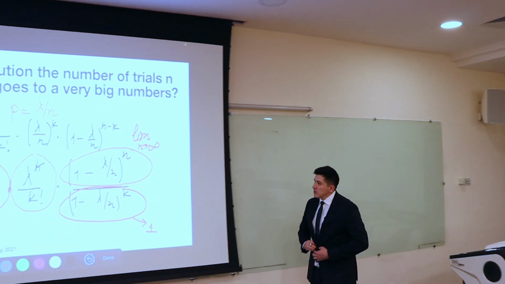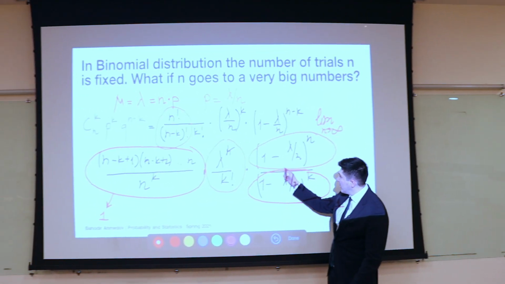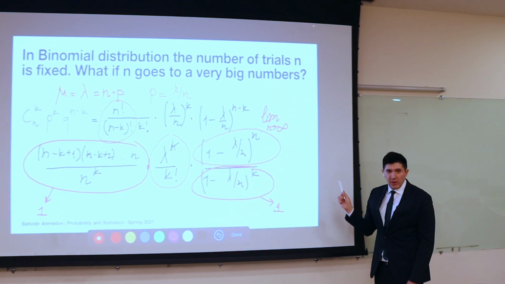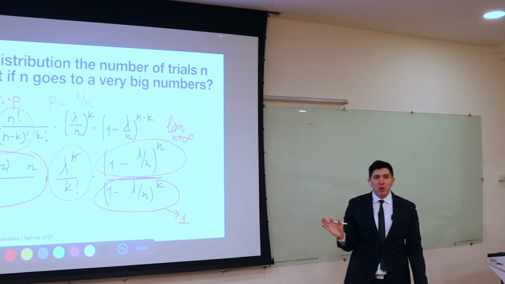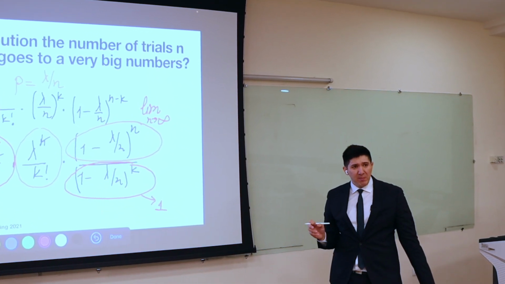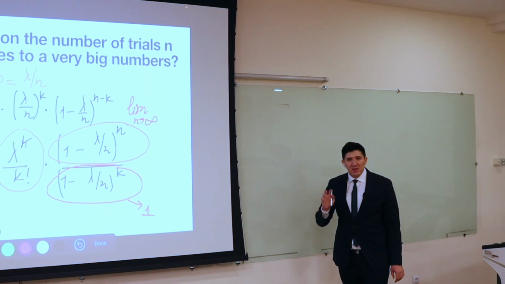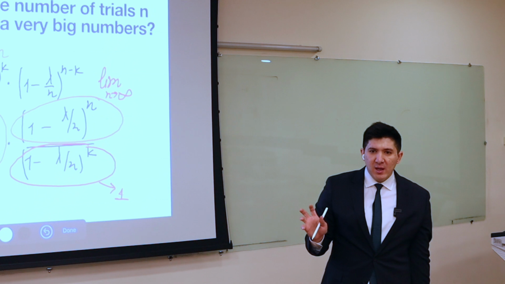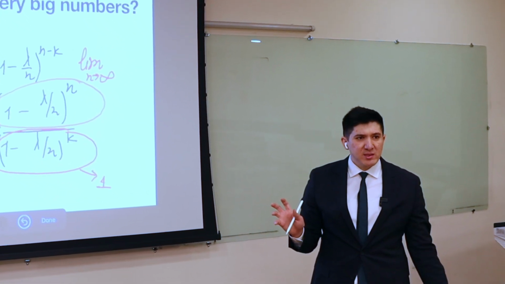When n goes to infinity, it is going to be 1 minus some finite number divided by infinity, to the power of infinity. It is not 1 anymore. And if you remember from calculus, this is e to the power of minus lambda. There was a limit which we use a lot in compound interest formulas.